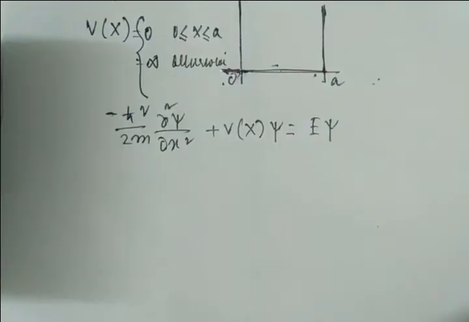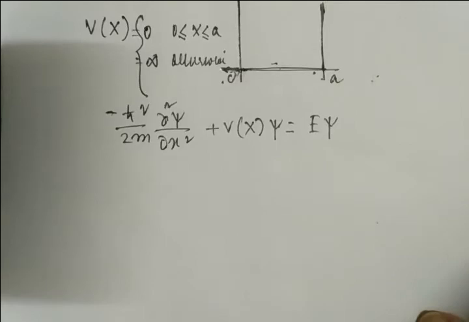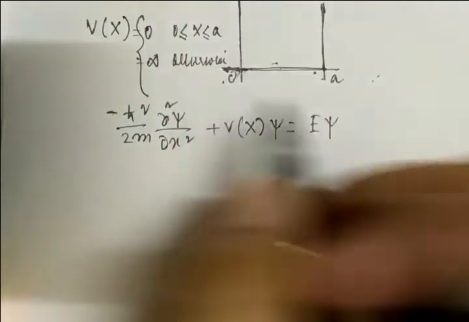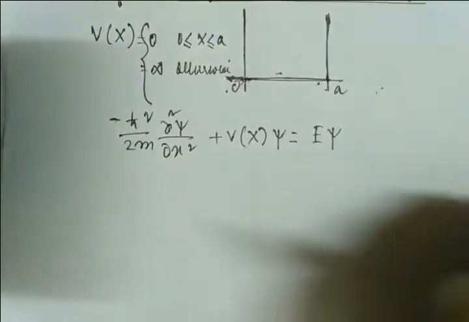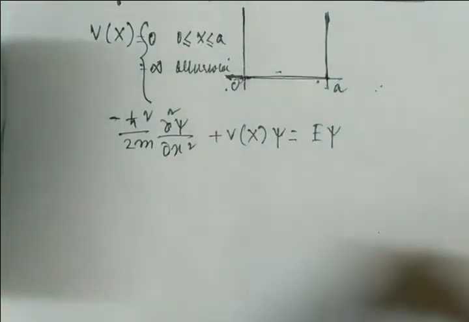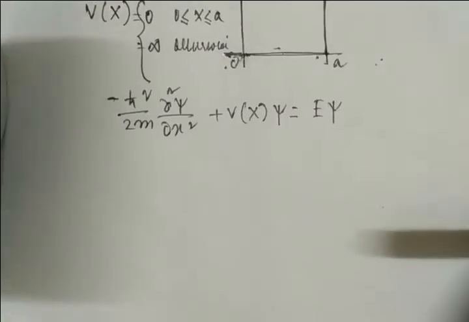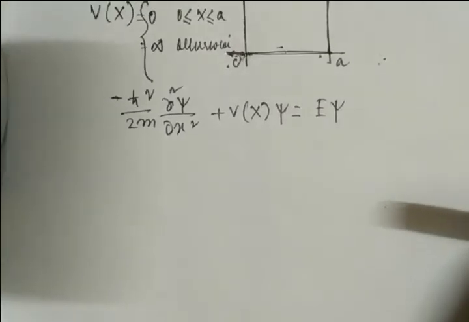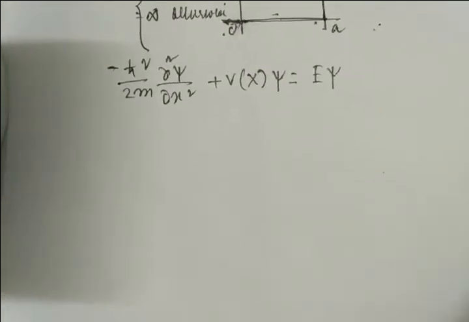We all know what psi and E are, so there is no need to explain it once again. Now what happens outside of the well and what happens inside of the well, which portion will we take for solution, right? Okay, so now I will explain each and every condition, outside as well as inside.